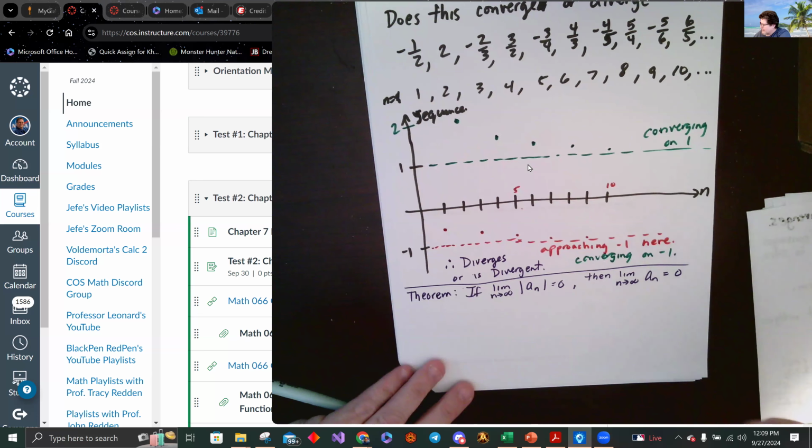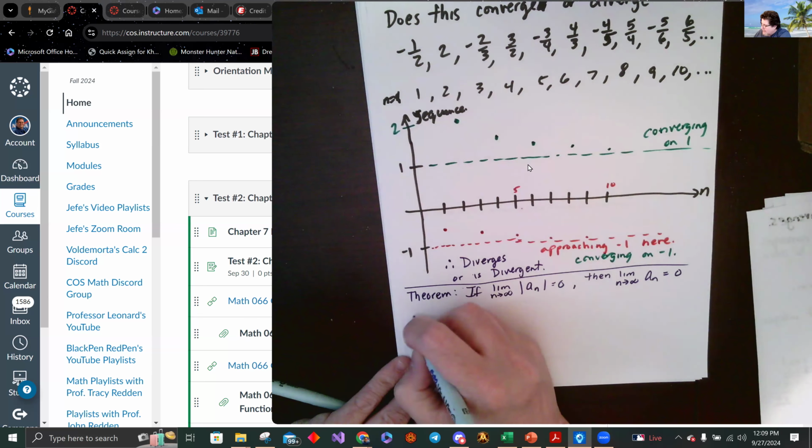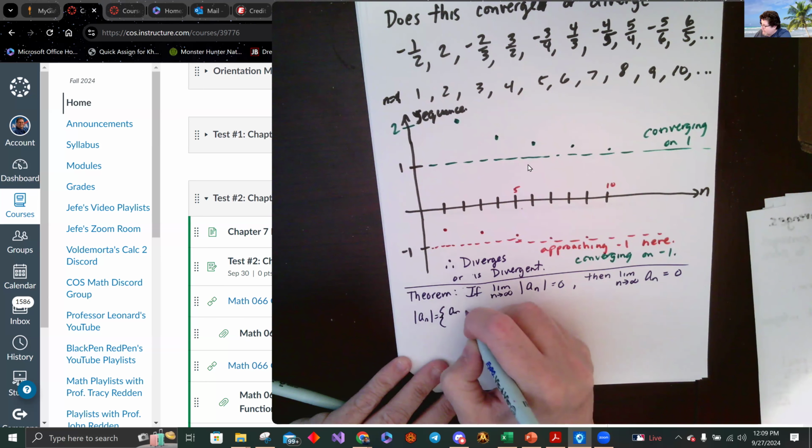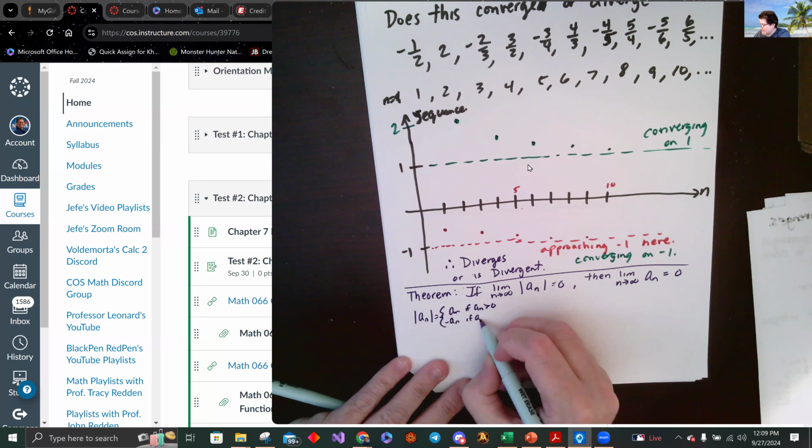And this is based on the definition of absolute value. Absolute value of a sub n is a sub n if it's positive, and negative a sub n if it's negative or less than 0.